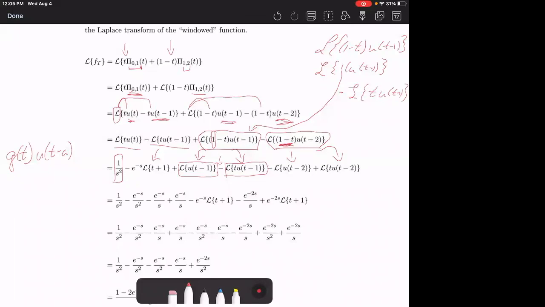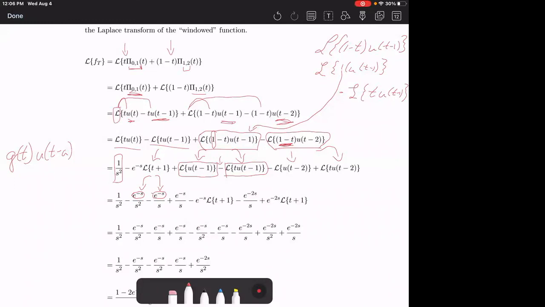And now we can further apply our rules from the previous section. The Laplacian of t plus 1 carries down here as 1 over s squared plus 1 over s. And we bring through our negative e to the negative s multiplied.